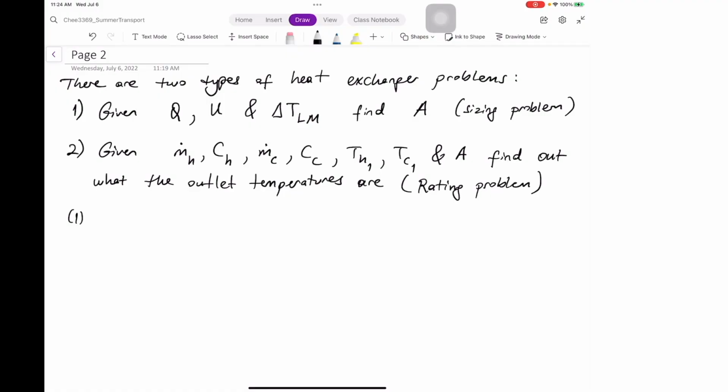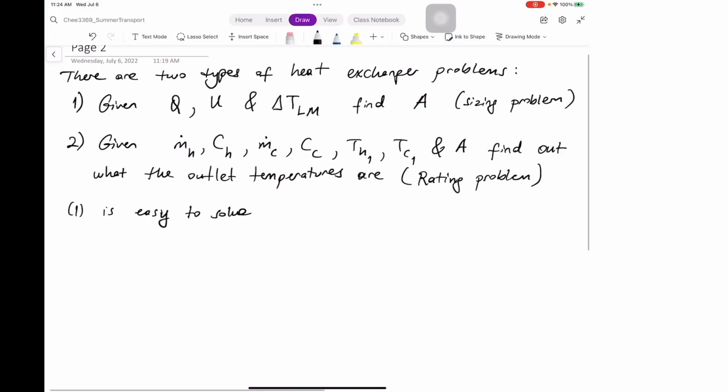As I said, the first problem is easy to solve. The second one actually seems to require an iterative method, which is tedious.